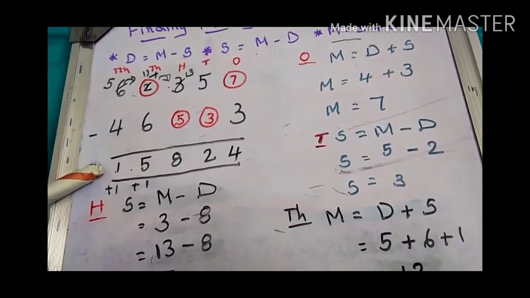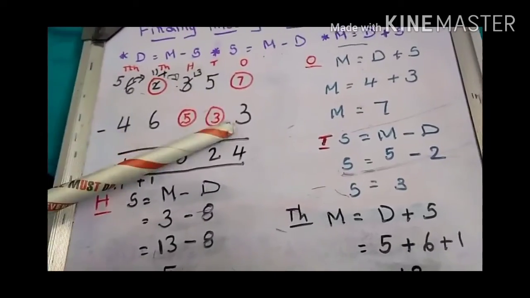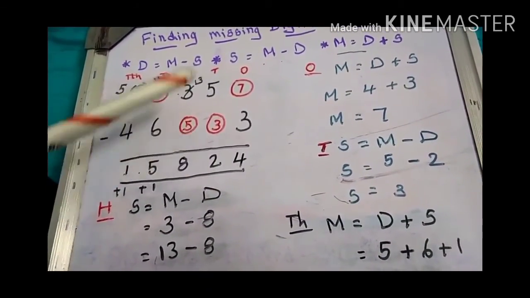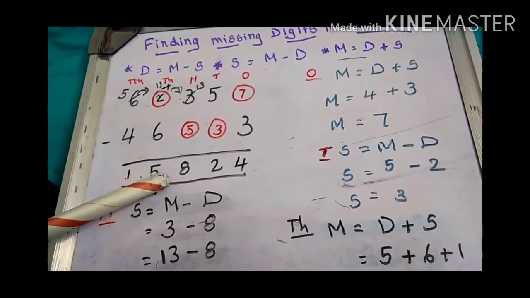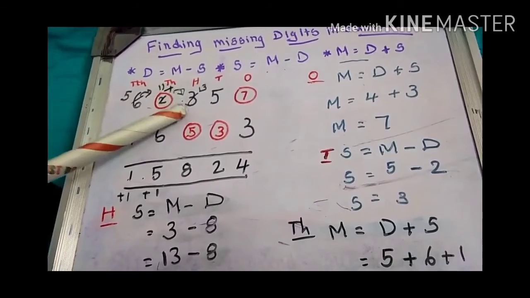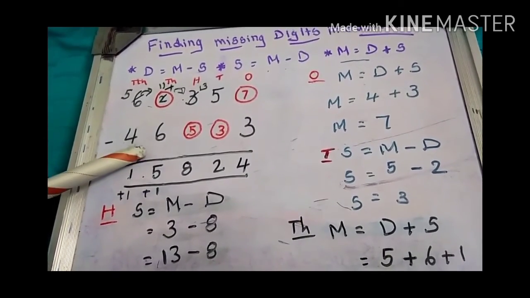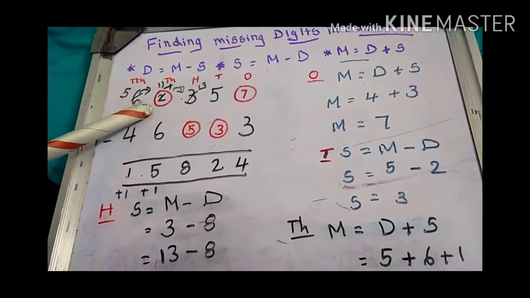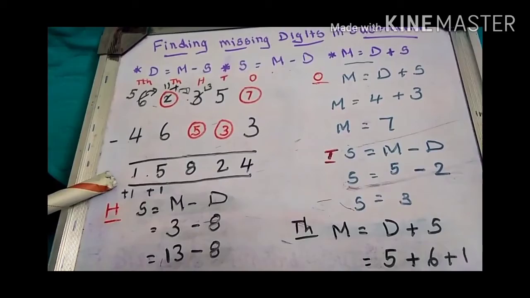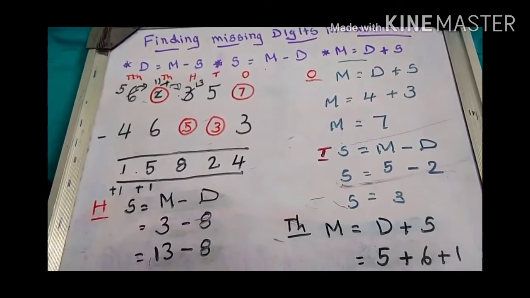The minuend is equal to difference plus subtrahend, that is 5 plus 6 plus 1, that is 12. Now in the ones place, 7 minus 3 is 4, 5 minus 3 is 2, and now it will become 13, 13 minus 5 is 8. Then 11 minus 6 is 5, and 5 minus 4 is equal to 1.